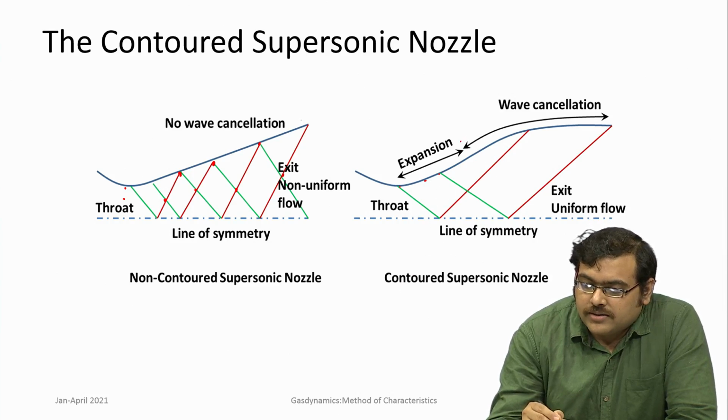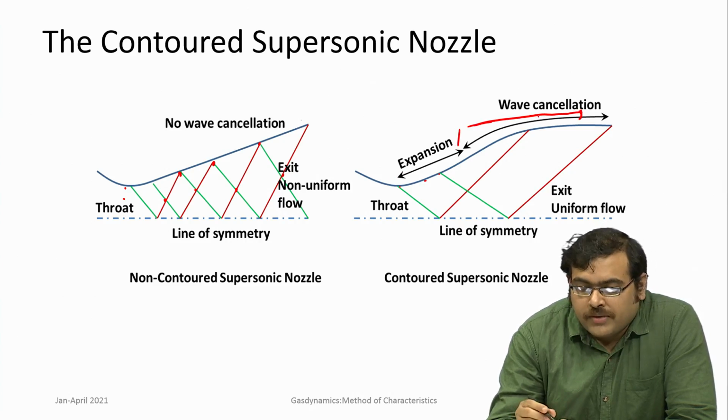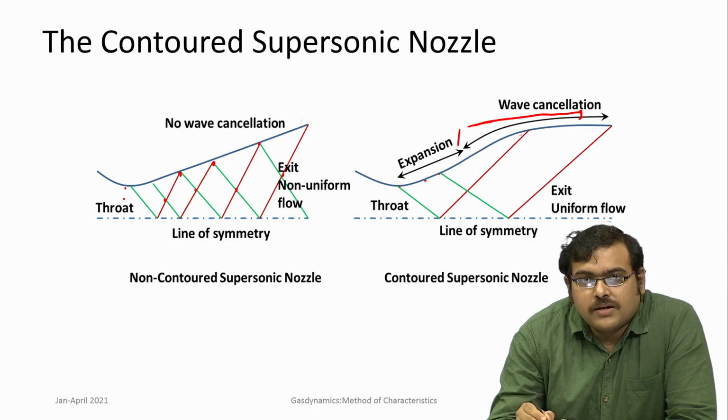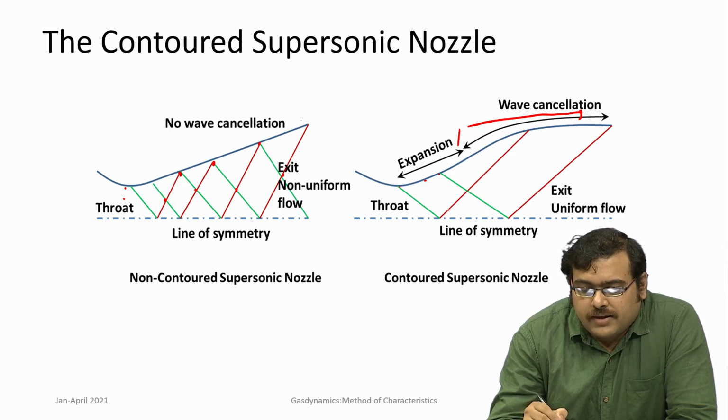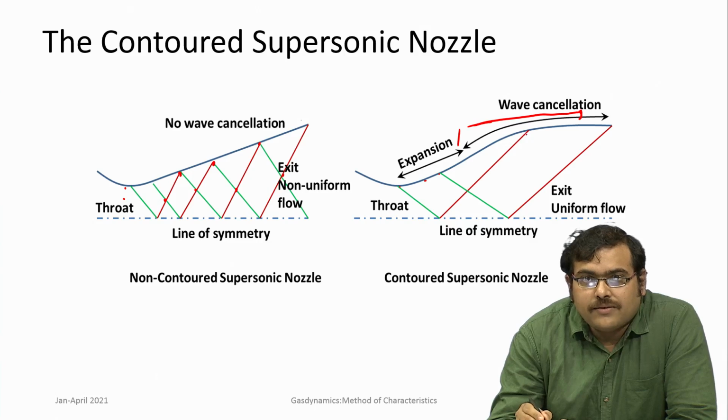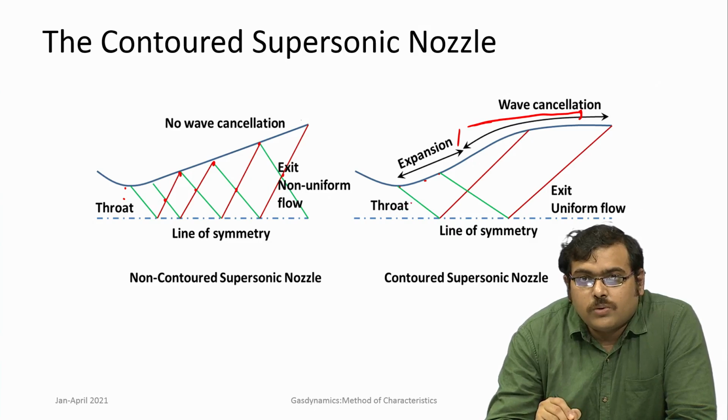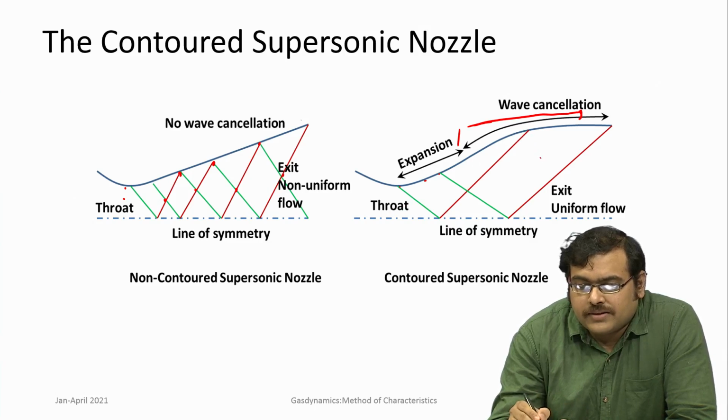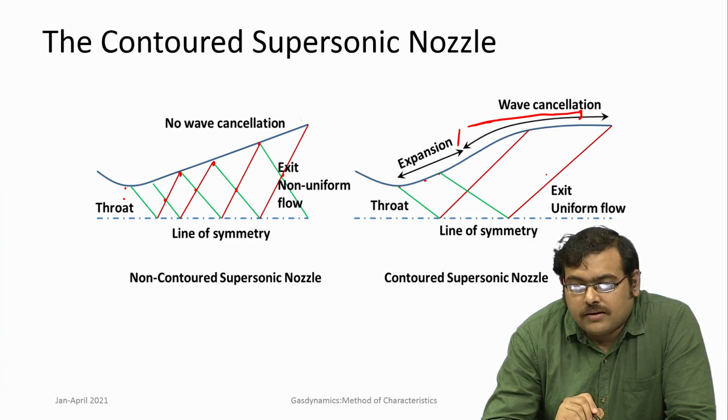Then in such contoured supersonic nozzles there is a section after the expansion section known as the wave cancellation section, where these Mach waves when they impinge on the wall, it is designed and contoured in such a manner that the angle of the flow and the angle of the wall match, and therefore the waves do not reflect again away from this particular point.